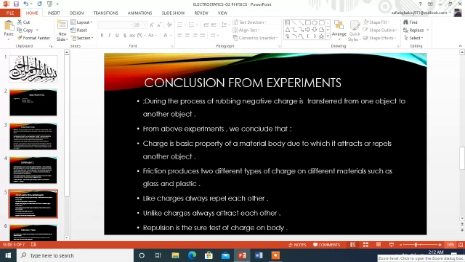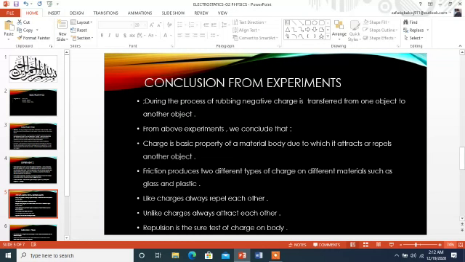So in these experiments, the glass rod becomes positively charged when it is rubbed with silk cloth. It means electrons from the glass rod move into the silk cloth. So there will be plenty of electrons in the silk cloth. Due to this, we say that it has acquired negative charge.